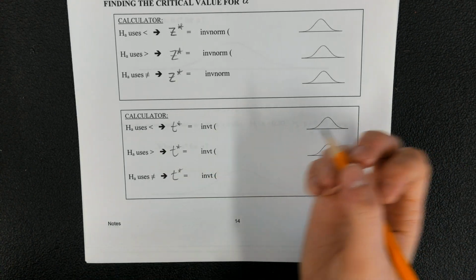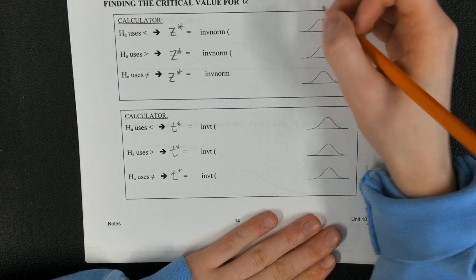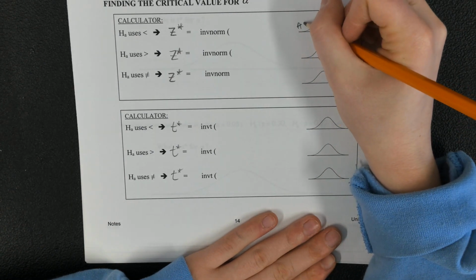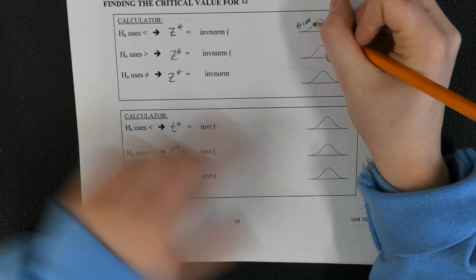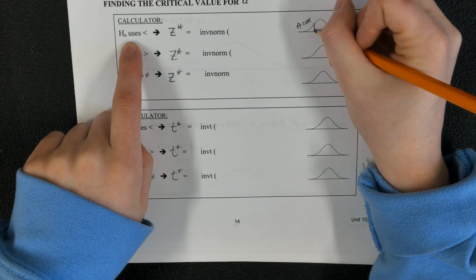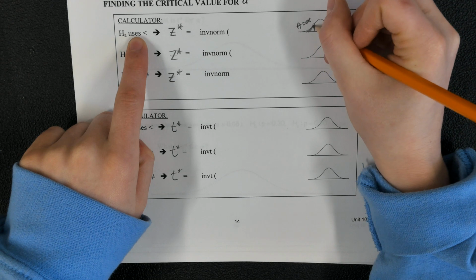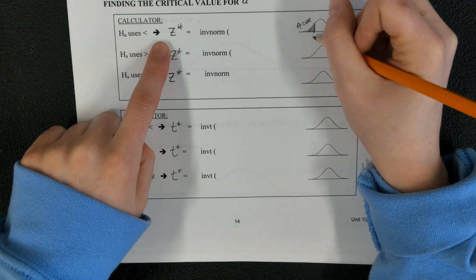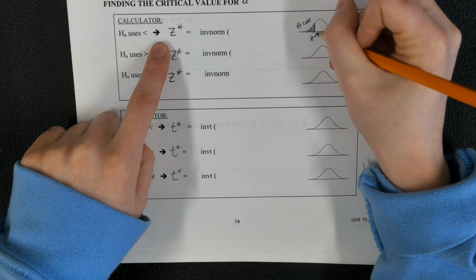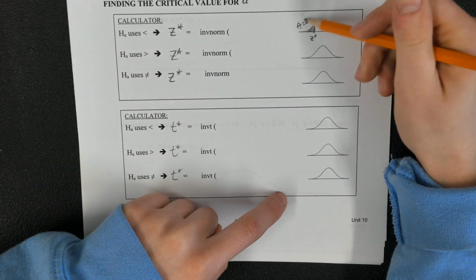So how we do this is you are going to be given some sort of alpha, some sort of significance level, and if your alternative hypothesis is less than, you are going to mark that, you'll know the area, and your job is to find out what that z-star is that goes with that.